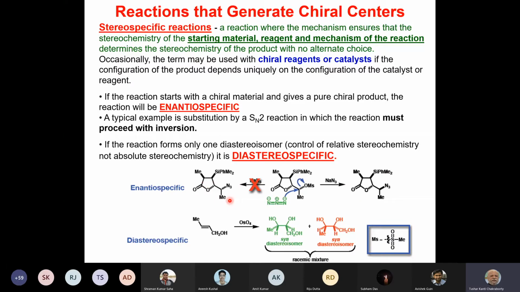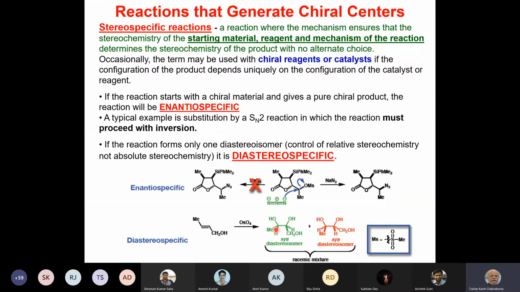One example of diastereospecific could be: you take an allylic alcohol as shown here, and I do cis hydroxylation with osmium tetroxide. Osmium tetroxide gives you the diol, and the hydroxyl can come from the top. As you can see, when you are putting the hydroxyl from the top, there is one hydrogen here. I have not drawn those hydrogens.